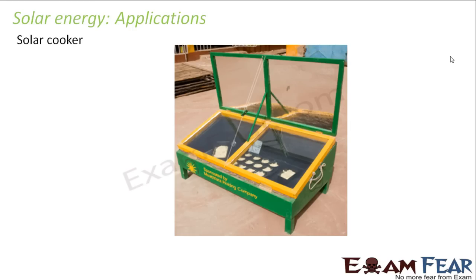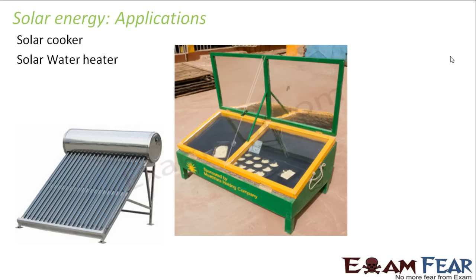Some of the applications include the solar cooker, which is very common these days. People prefer the solar cooker because there is no electricity consumption. You can make use of the energy from the sun which you are getting for free, and that can help you to cook your vegetables. Solar water heater: you can heat water without spending electricity, so we are saving some electricity.